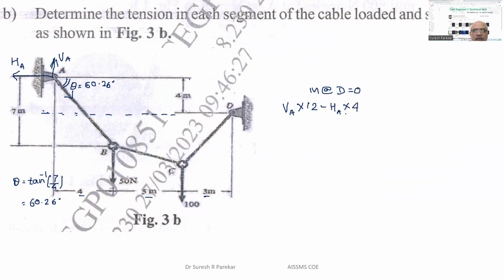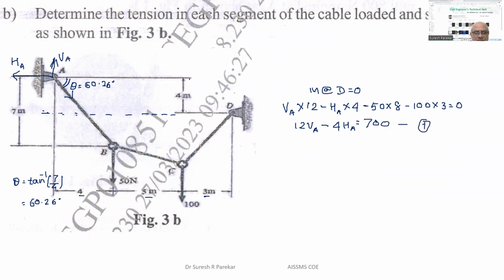Then due to 50, minus 50 into 5 plus 3, 8, minus 100 into 3 equal to 0. From this we get the first equation: 12VA minus 4HA equal to 700. So this is equation number 1.